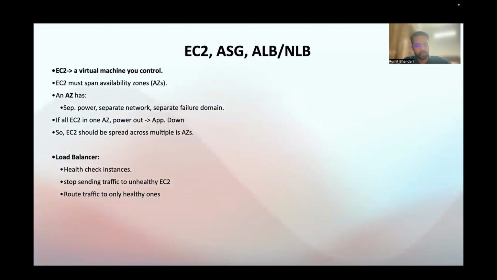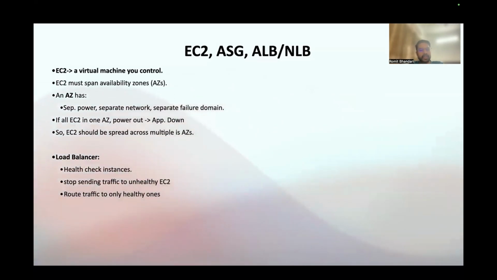So if suppose all EC2s are in one availability zone and power is out, then the entire application is down. You don't want that. You want fault isolation, okay, failure tolerance, fault tolerance. So that is why EC2s generally must span multiple availability zones.